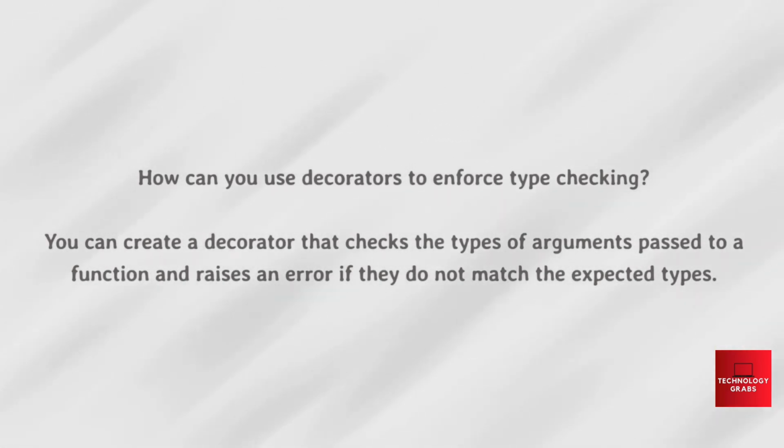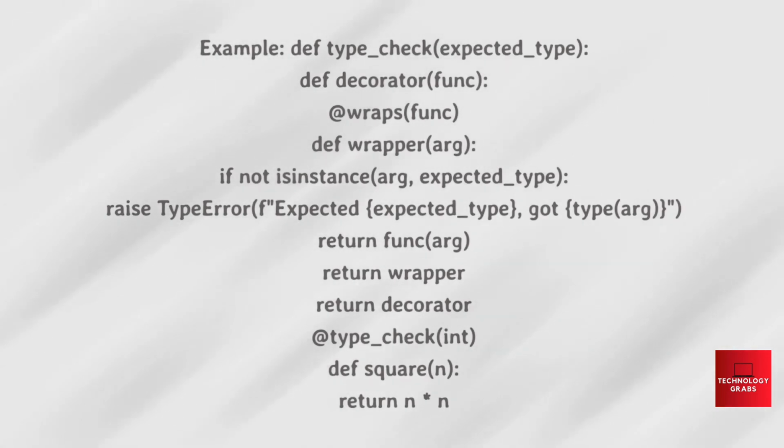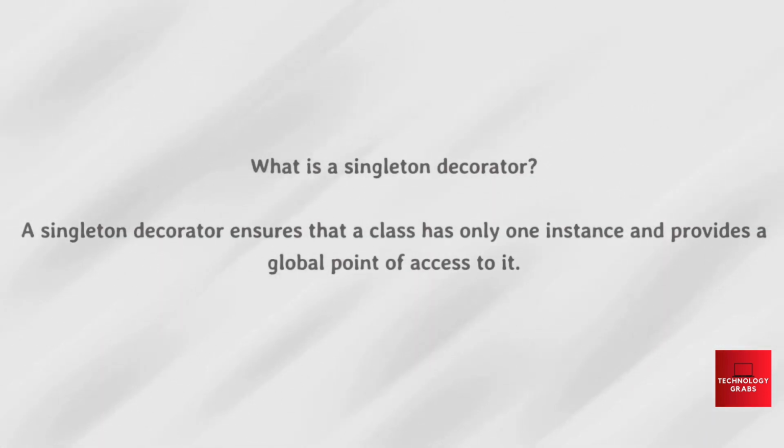You can create a decorator that checks the types of arguments passed to a function and raises an error if they do not match the expected types. What is a singleton decorator? A singleton decorator ensures that a class has only one instance and provides a global point of access to it.